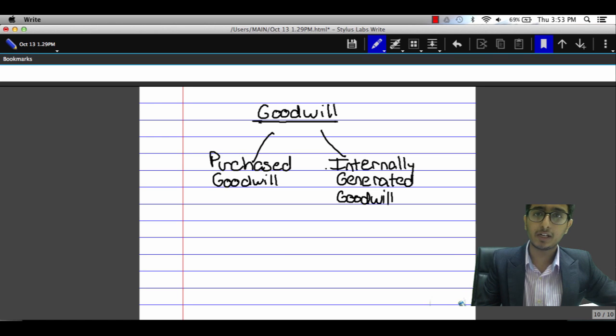Now what about internally generated goodwill? This is basically an assessment or an estimate of our personal goodwill, our company's goodwill. Now, purchased goodwill, we can actually recognize as an intangible asset. But internally generated goodwill, we are not allowed to classify as an intangible asset.